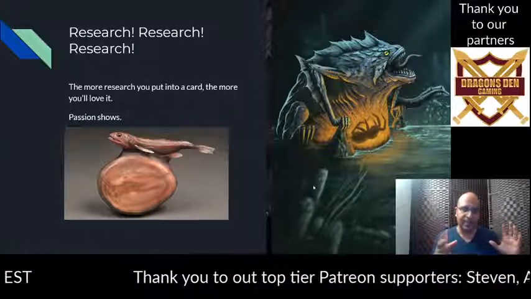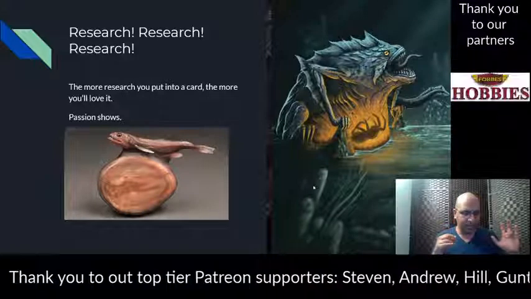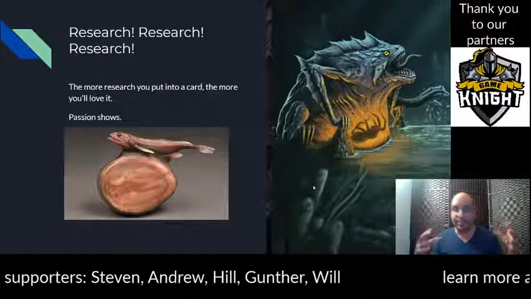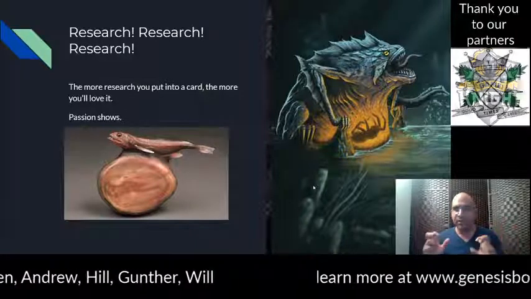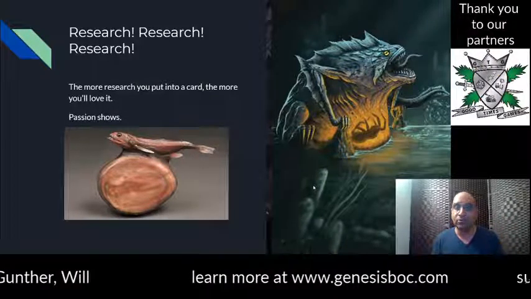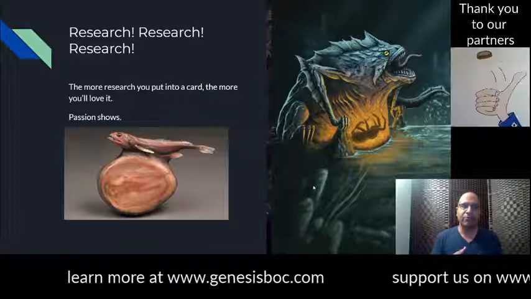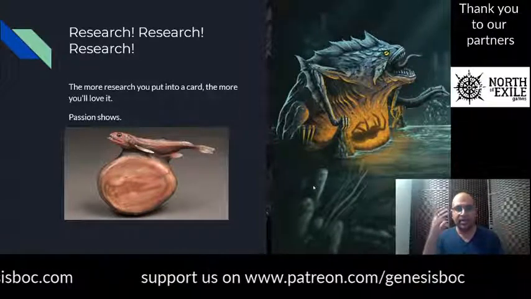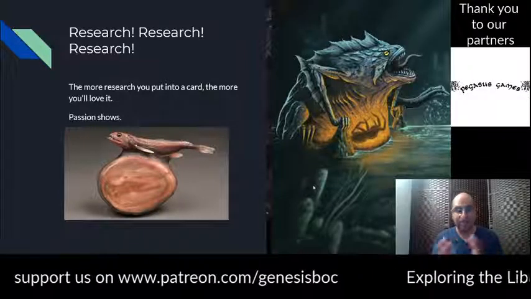I found out that in Egyptian history, onyx was seen as the stone of the gods. It was a holy stone, and that way we made an onyx golem, Blackstone Golem, and that's what brought that together.